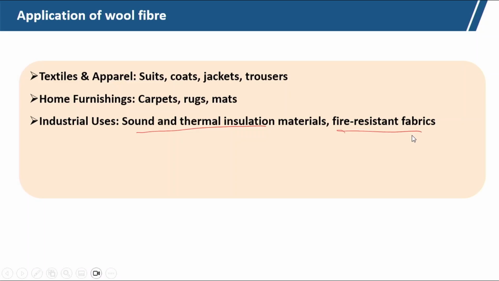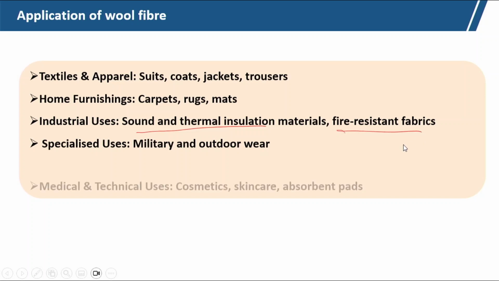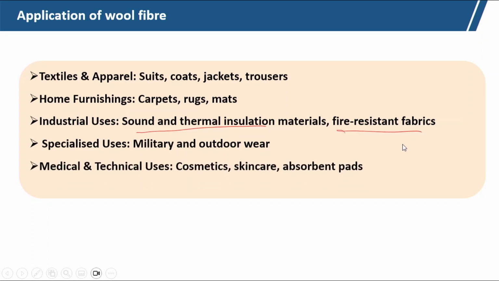So, it does not catch fire easily. Specialized use like military and outdoor wear, and medical and technical applications, cosmetics, skin care or absorbent pads. So, these are all the applications.